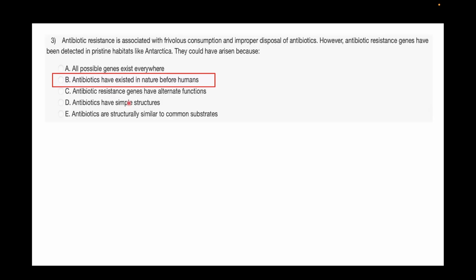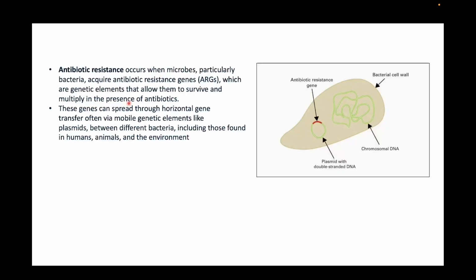Okay, let us understand the concept of antibiotic resistance. Now, what is antibiotic resistance? Antibiotic resistance occurs when microbes, particularly bacteria, acquire antibiotic resistance genes, which are also known as ARGs, which are genetic elements that allow them to survive and multiply in the presence of antibiotics.